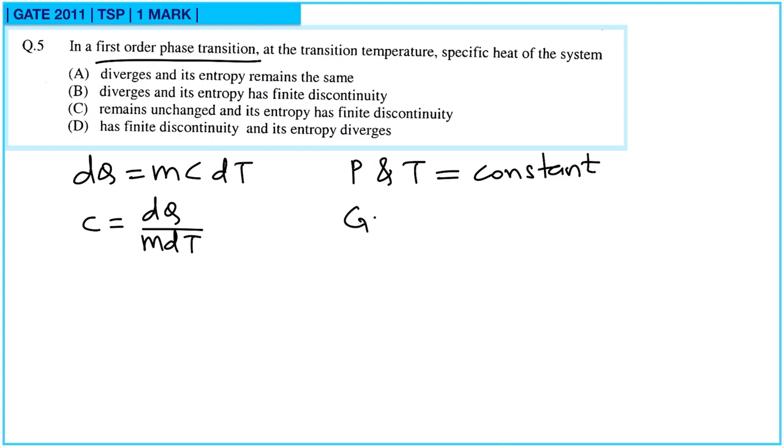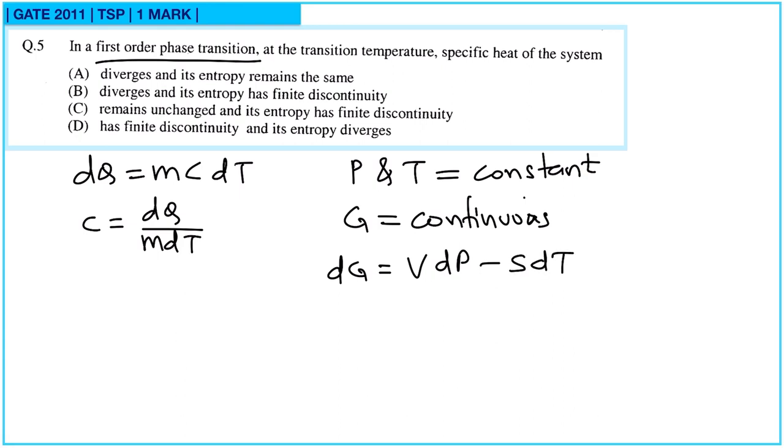For this, Gibbs free energy is also constant. Now we have dg is equal to v dp. It is continuous function. So dg is equal to v dp minus s dt.